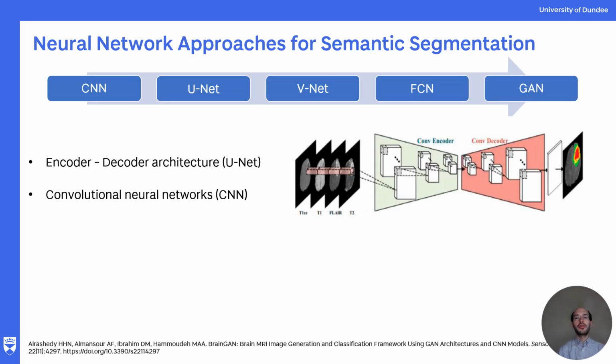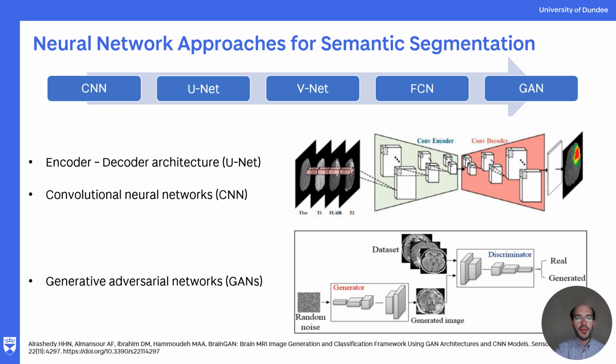State-of-the-art approaches for semantic segmentation include the encoder and decoder architecture, such as the UNet or the convolutional neural network. These are very popular architectures, as well as generative adversarial networks, which are based on two blocks, generator and discriminator, and the discriminator needs to be able to identify whether the generated images are real or fake.